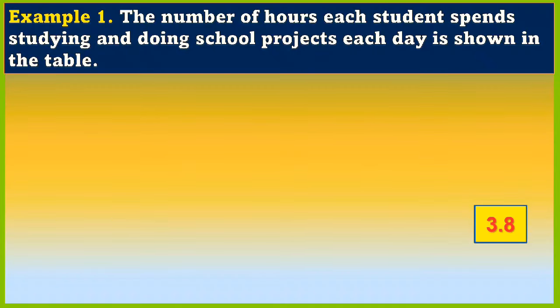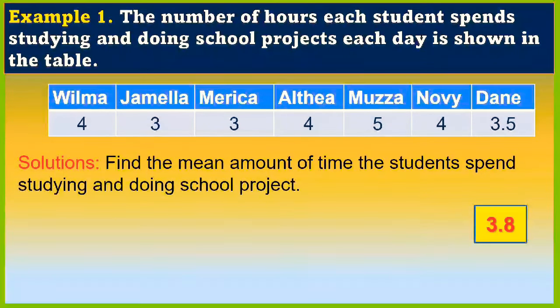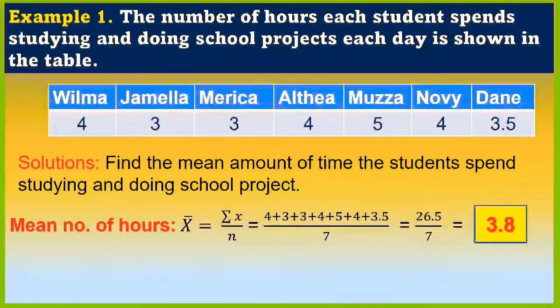So let us apply that formula in solving this example. The number of hours each student spends studying and doing a school project each day is shown in the table. We have Wilma, Jamela, Merica, Althea, Musa, Novi, and Dane. To find the mean amount of time the students spend studying and doing a school project, we are going to use the formula summation of x over n.